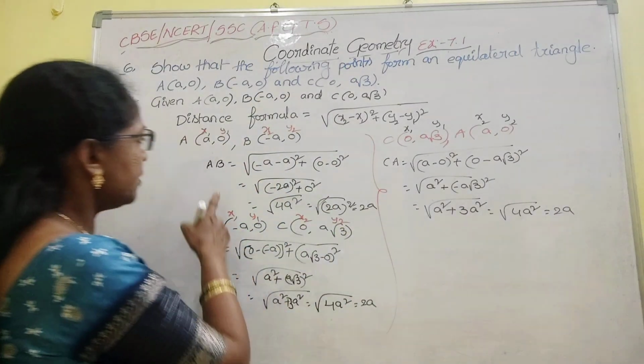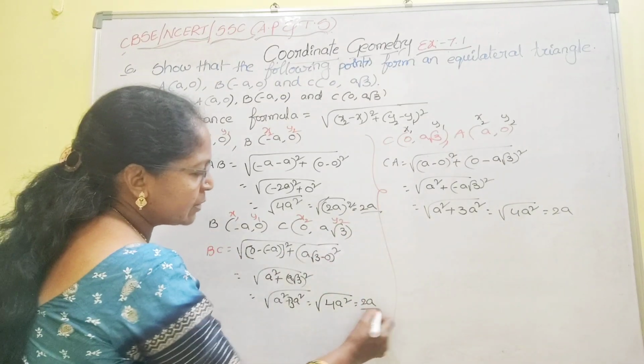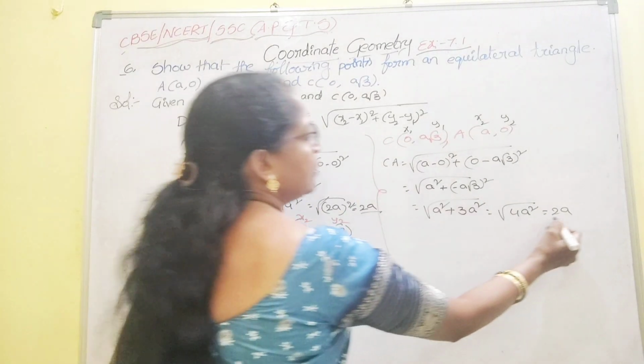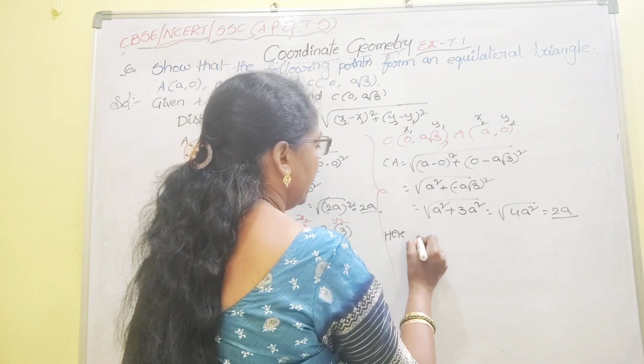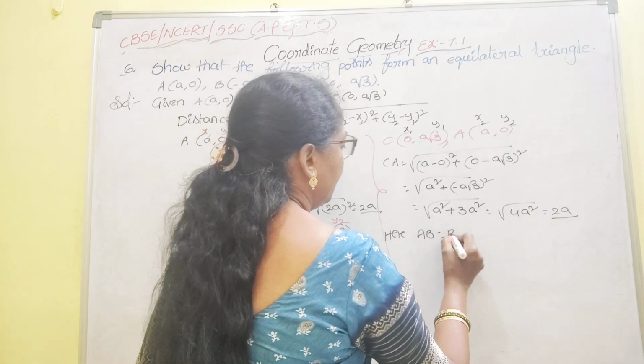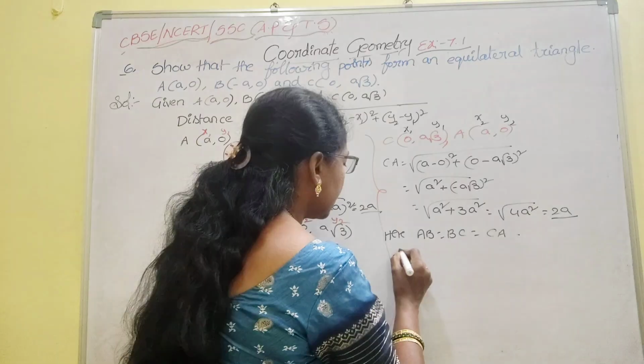Here if you observe, AB value equal to 2a and BC value is also 2a and CA value is also 2a. Here AB equal to BC equal to CA. Three sides are equal.